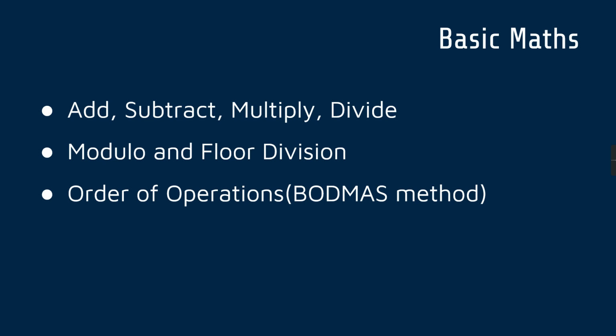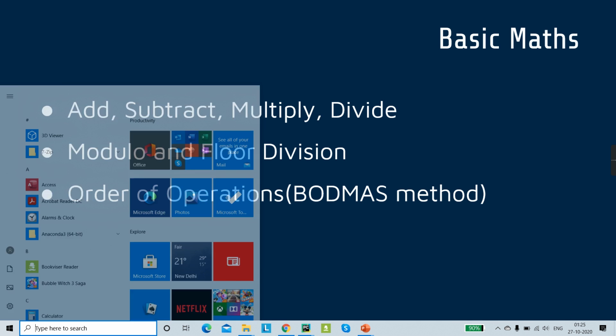In Python, we have something called the modulo and the floor divisions. And finally, we end this topic by looking at the order of operations that can be carried out using the BODMAS method. So let's jump into Jupyter Notebook and see how we can perform these tasks.